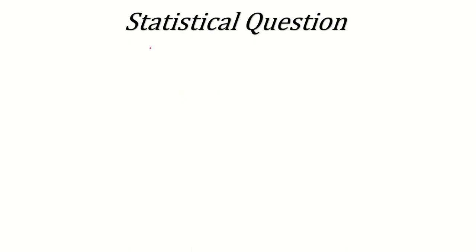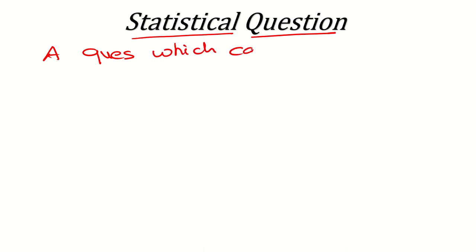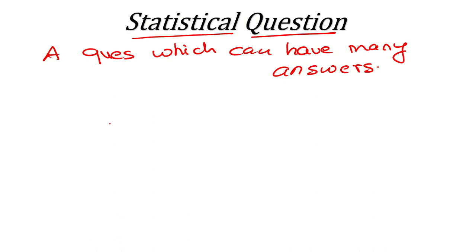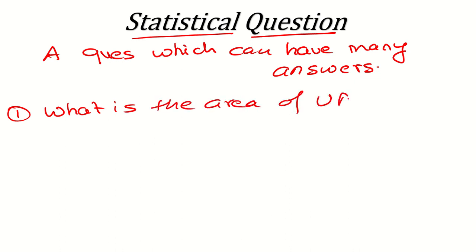Now the next topic is the statistical question. You have to understand this very easily. A statistical question means a question which can have many answers. For example, if I ask you what is the area of the UAE, the entire country?